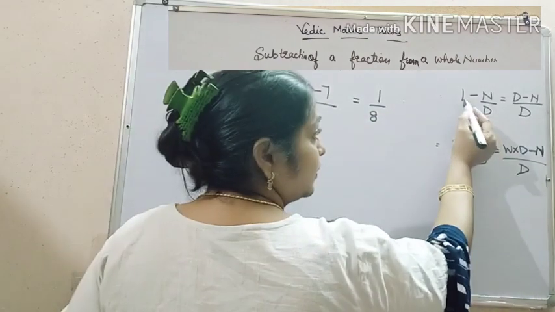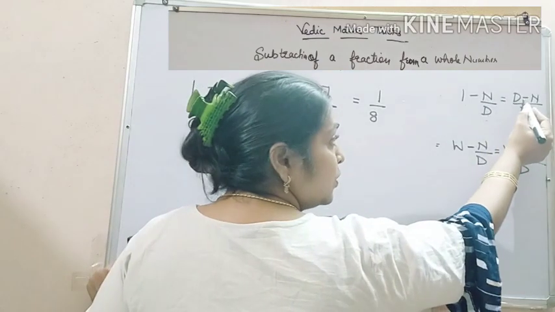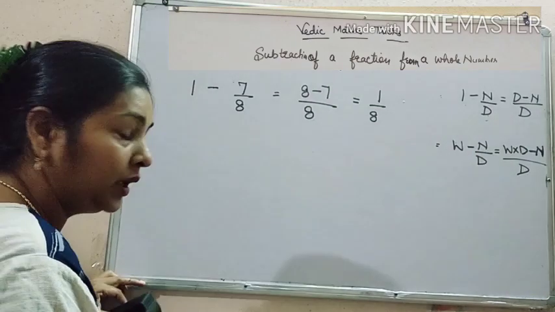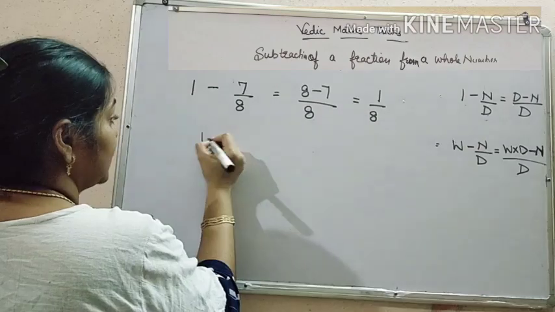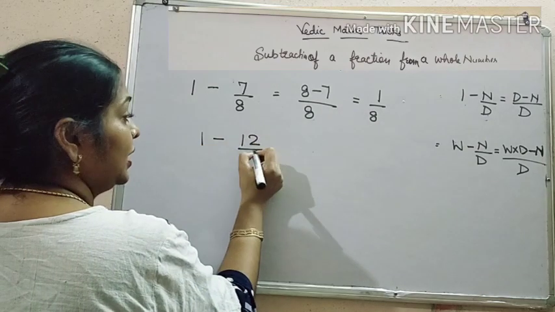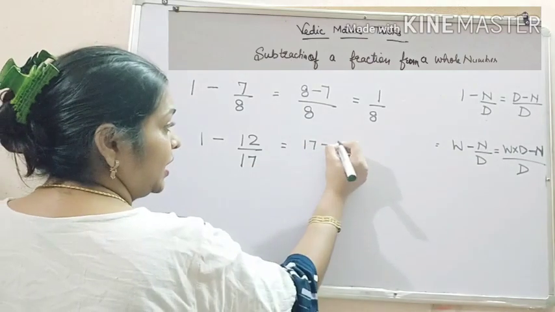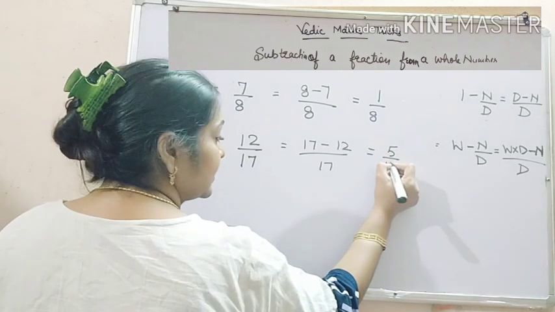So you can note down the formula. 1 minus numerator upon denominator is equal to denominator minus numerator upon denominator. Now let us take one more example. 1 minus 12 by 17. It will be 17 minus 12 upon 17, that is 5 by 17.